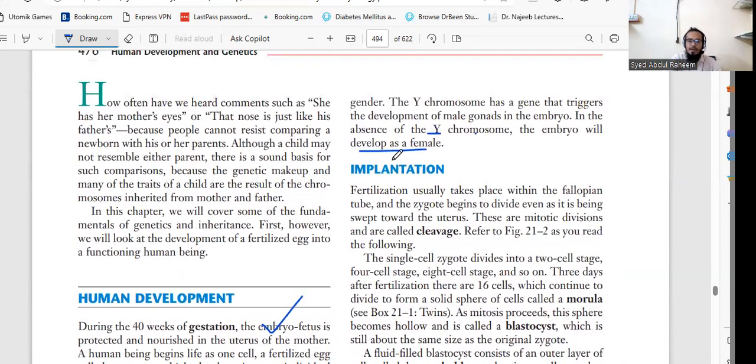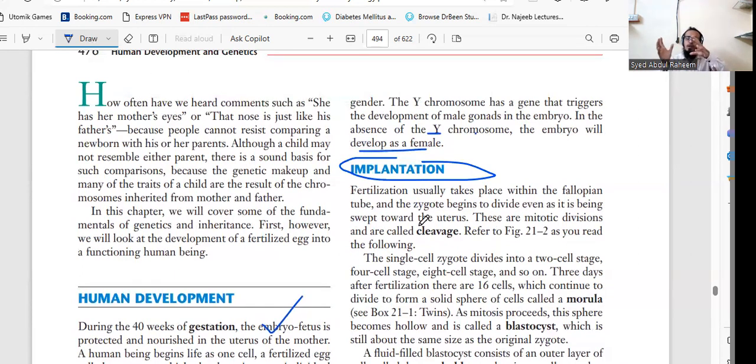Next we have implantation. Now fertilization has started. It will begin, maybe male or female. Now we need to give nutrition, we need to give everything for development, for implantation. Fertilization will take place within the fallopian tube. The zygote begins to divide even as it is swept down toward the uterus.